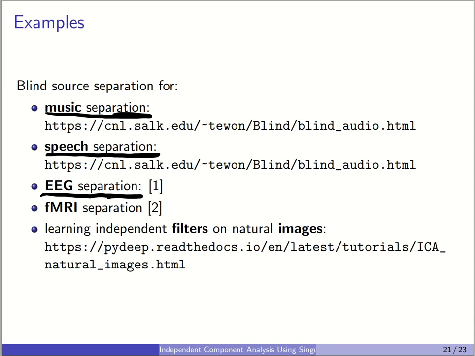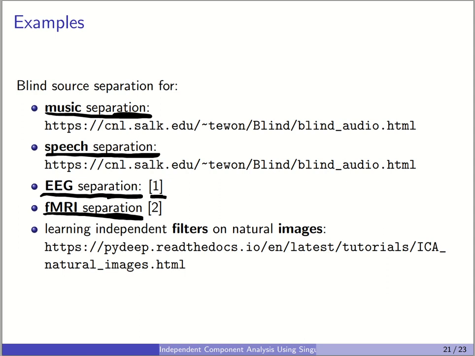However, because these channels are very close to each other, they affect each other. Therefore, in order to separate the independent components in EEG signals, we can use ICA. They usually use ICA, and it's published in the NeurIPS conference. We'll see that. It is also used for fMRI separation.